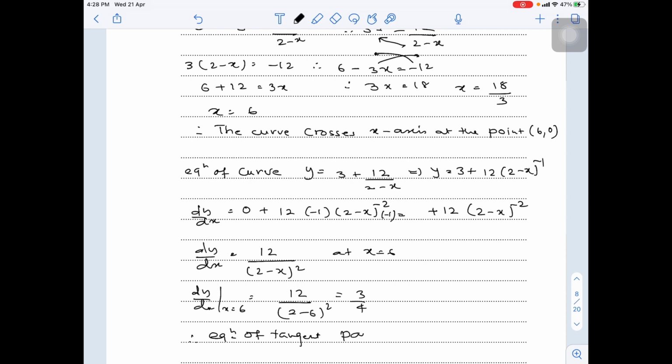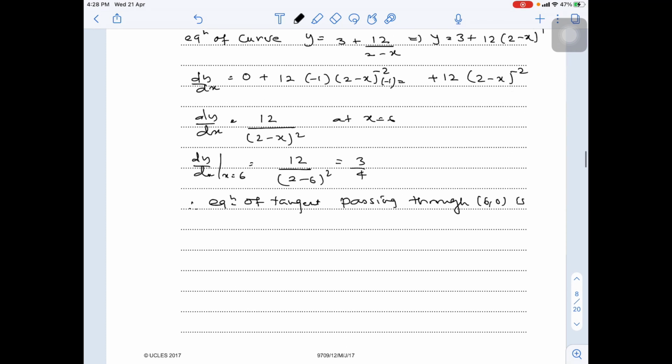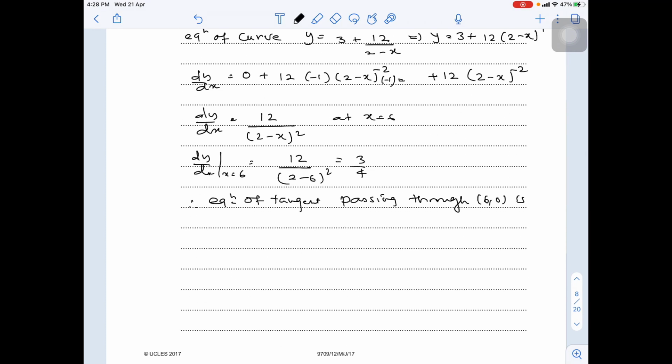Therefore, the equation of the tangent passing through 6, 0, I can write y minus y1 equals m times x minus x1. You could use y equals mx plus c. So I'm writing the point is 6, 0.